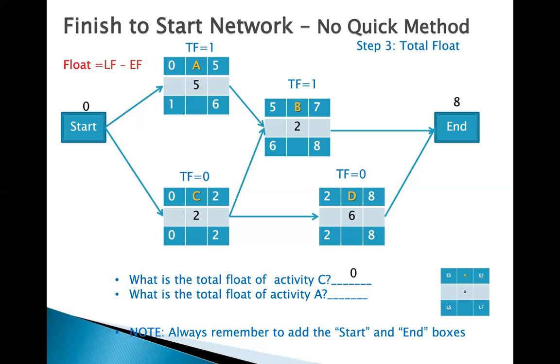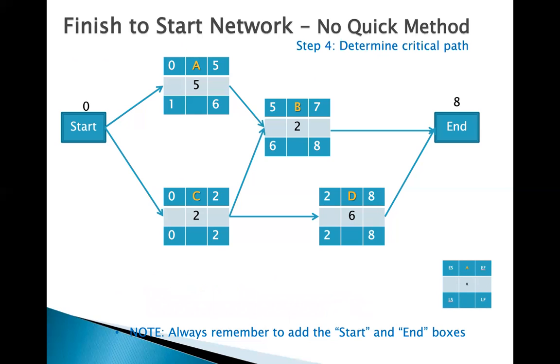The total float of activity A is 1. The total float of activity B is 1. As soon as you see a total float of 1, that activity is not part of the critical path. By definition, the critical path is the longest path of the network, and also the shortest time in which you can complete the project.